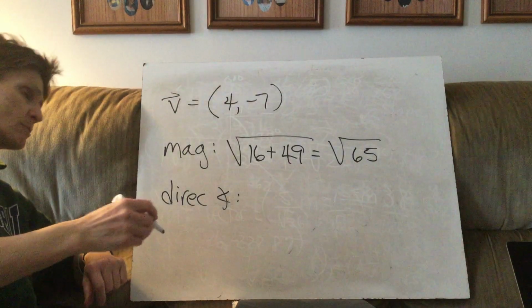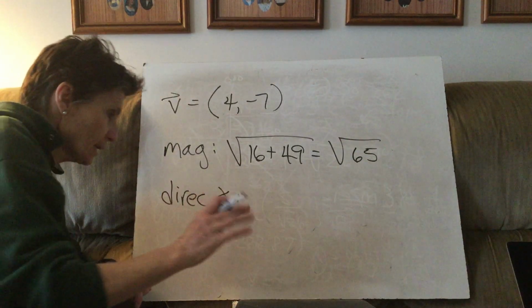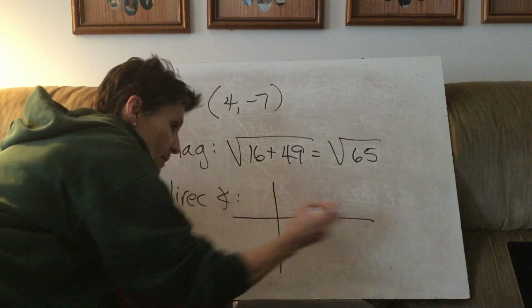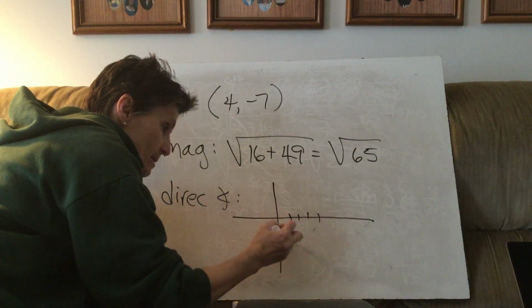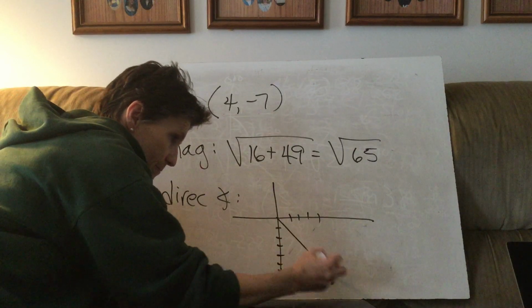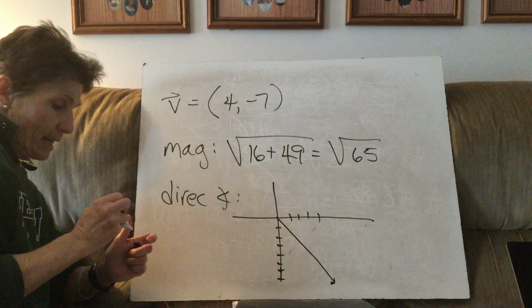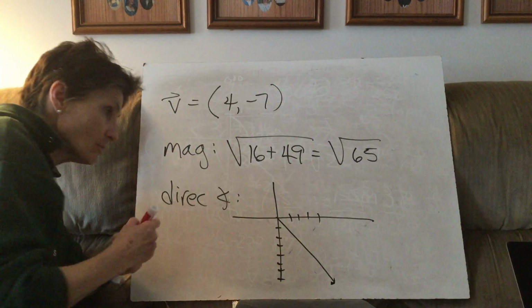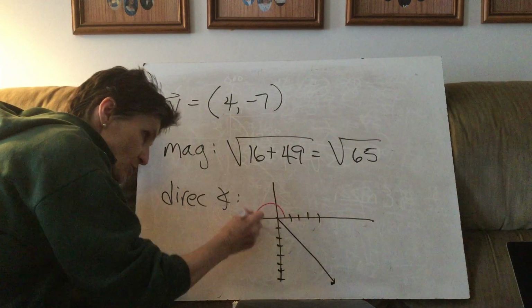Now, the direction angle is a little bit more complicated, but not a lot. I would suggest we draw a little picture. So over 4, down 7. And anytime we want the angle, remember that the angle that we want is going to be this one.